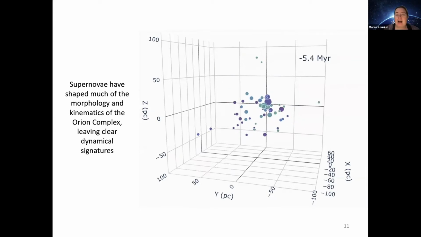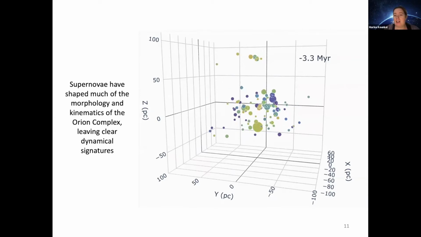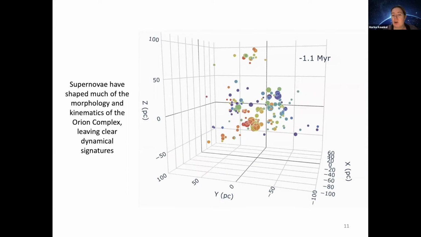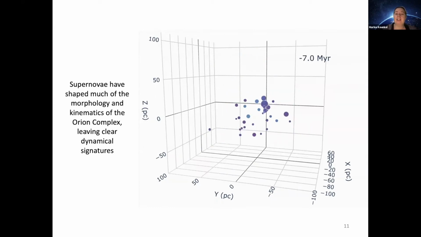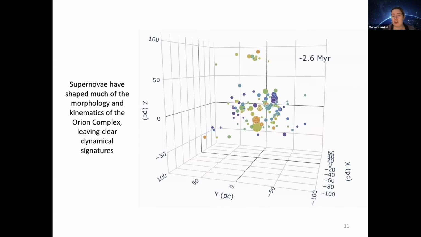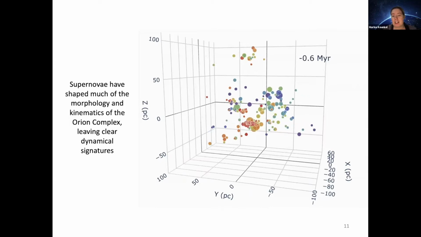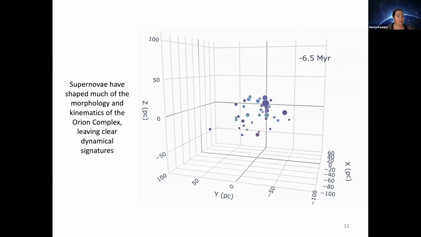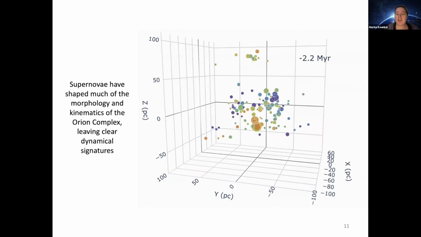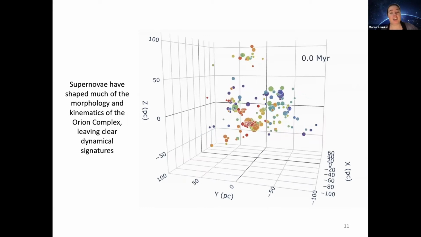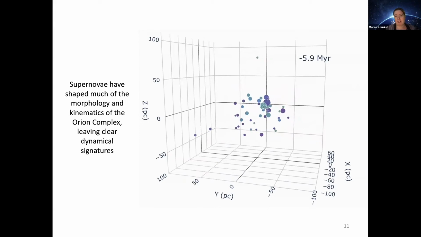And you can see how the Orion complex has started forming and how it has evolved to the current state, as all of the different groups pop into existence at the age where they are approximately born. And you can see that the data roughly matches the simplified cartoon that I drew for you on the previous slide.